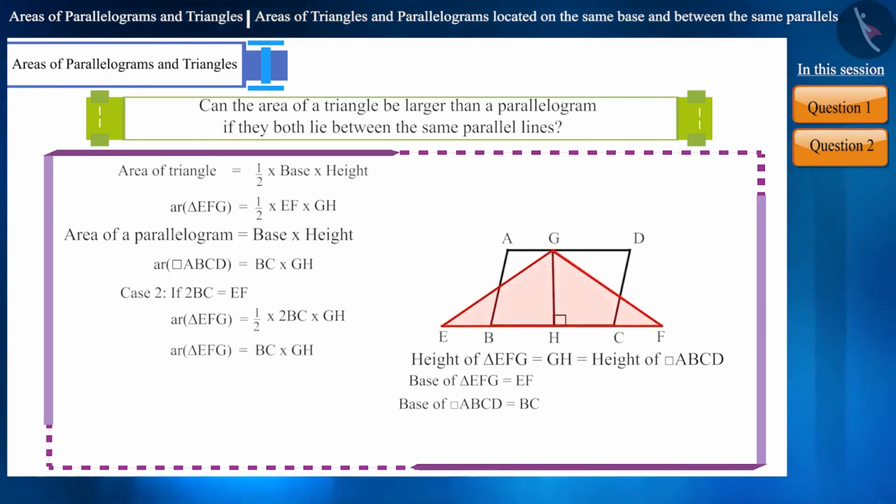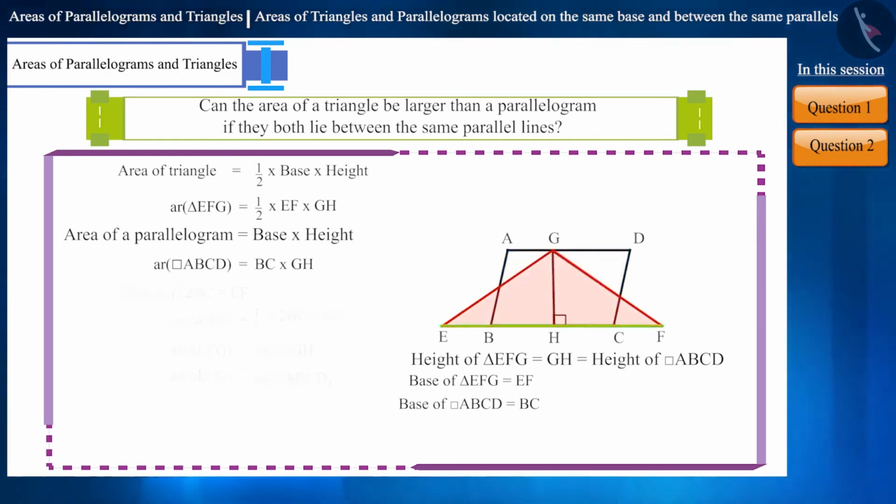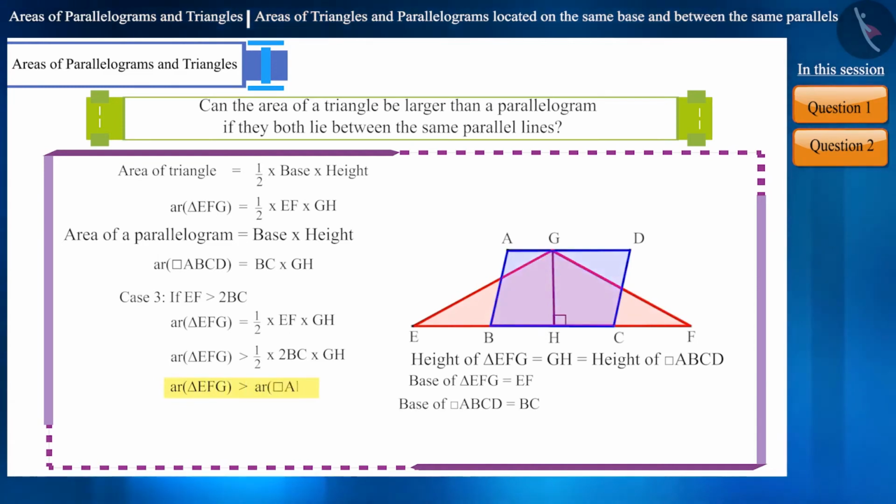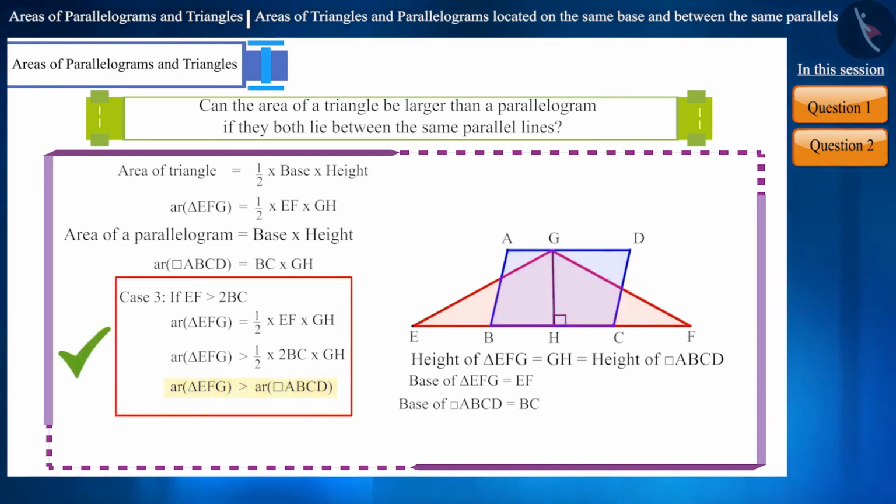In this case, the area of triangle will be equal to the area of parallelogram. But what will happen if the measurement of the base of the triangle is more than twice the measurement of the base of the quadrilateral? Yes. In this case, the area of the triangle will be more than the area of the quadrilateral.